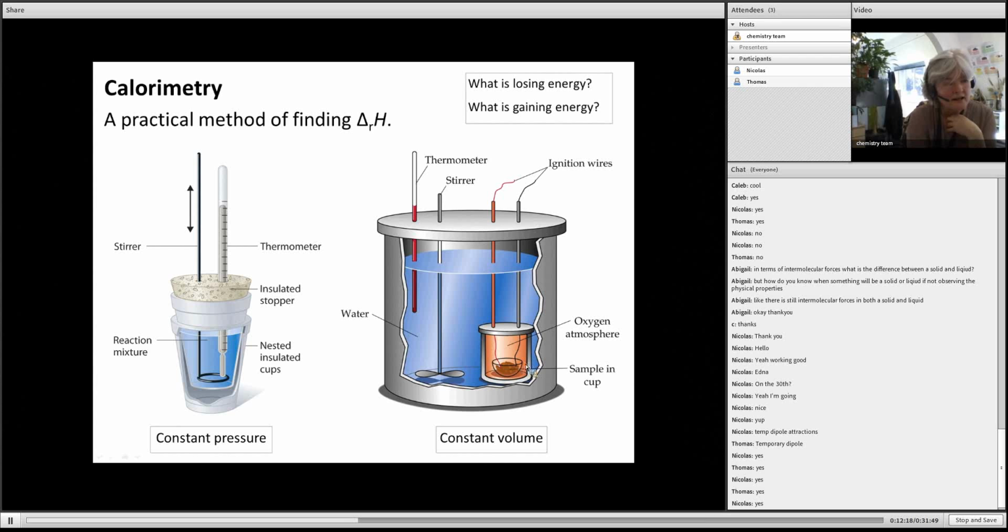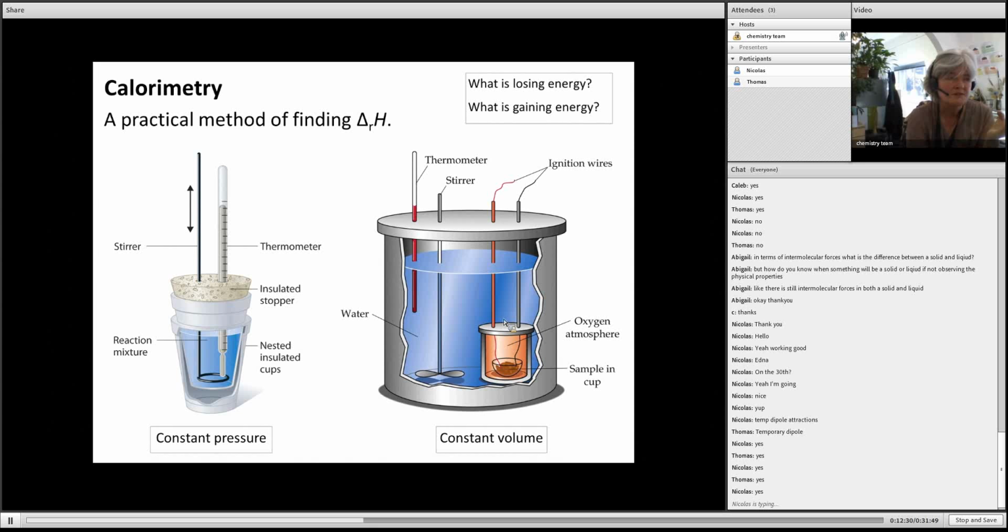Can I say that my energy here is also 300 kilojoules as a positive? Because if this is gaining, it's become positive because it's increased in energy. And this one, is this one gaining or losing? It's lost. So that's why we say an exothermic reaction is negative, it's losing the energy.